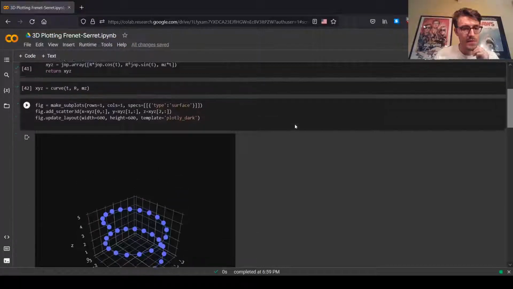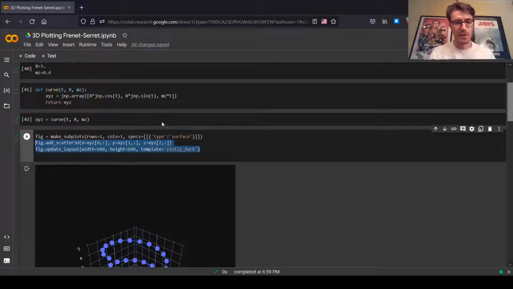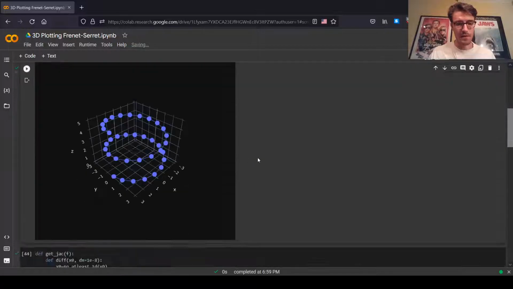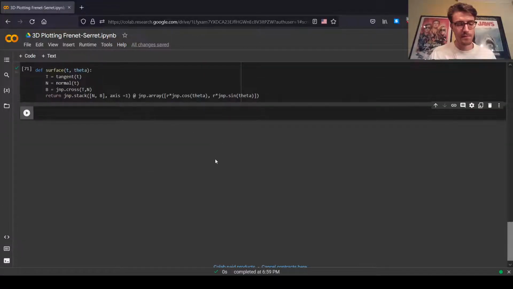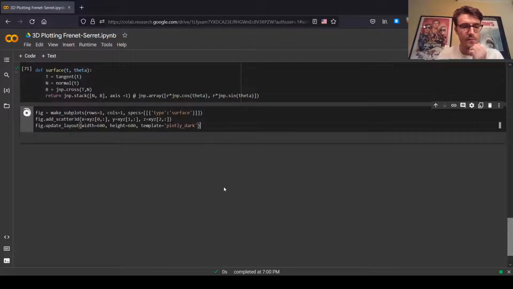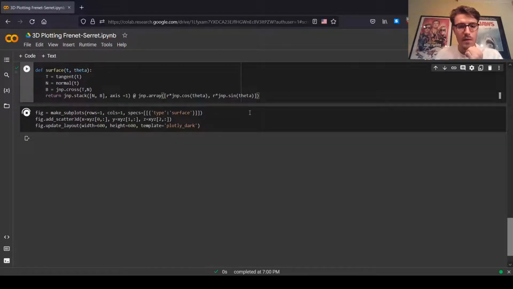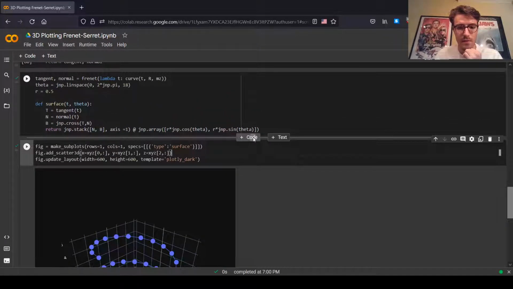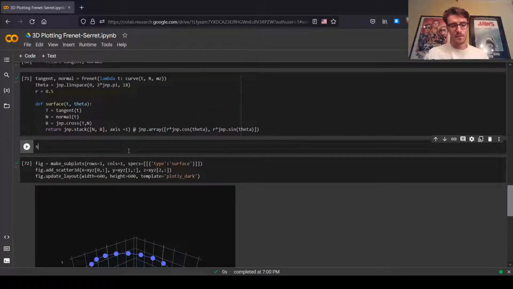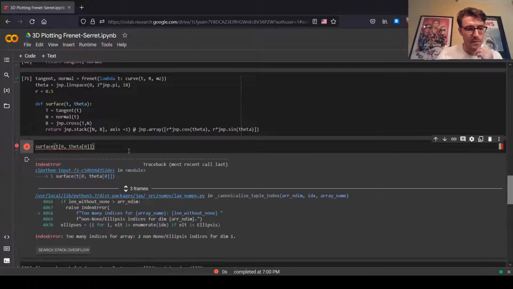So let's take this. I just kind of want to move the plot and look at it down here. And then let's add another code cell. So what if I did surface of T0 and theta position 0? Too many indices.